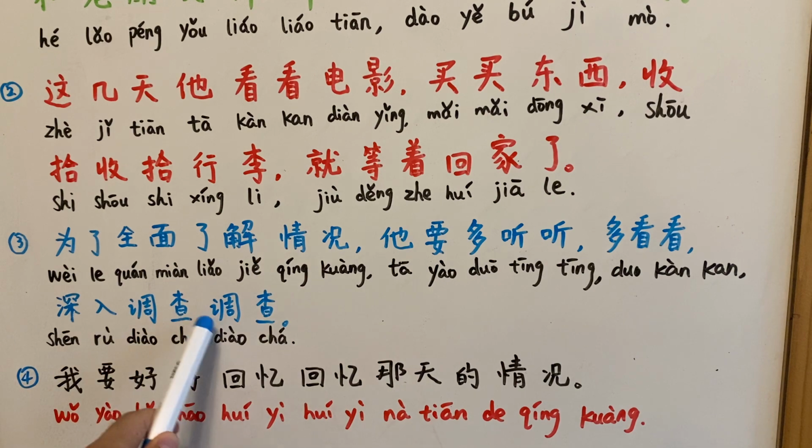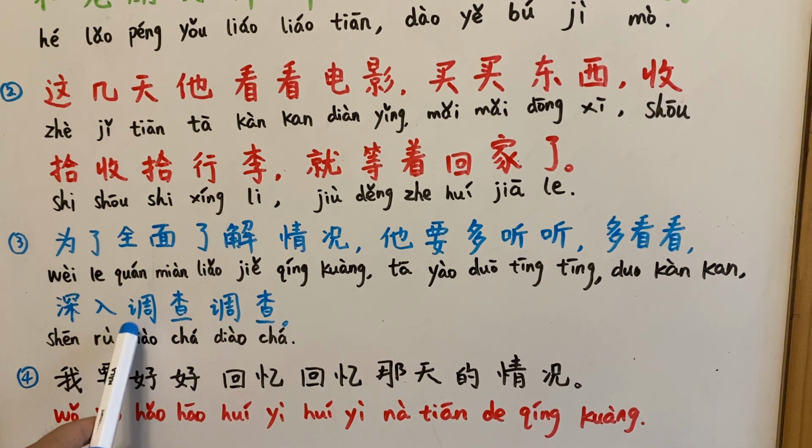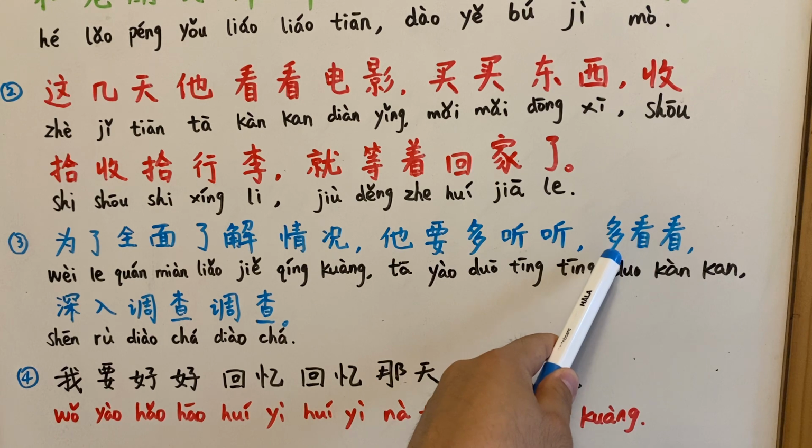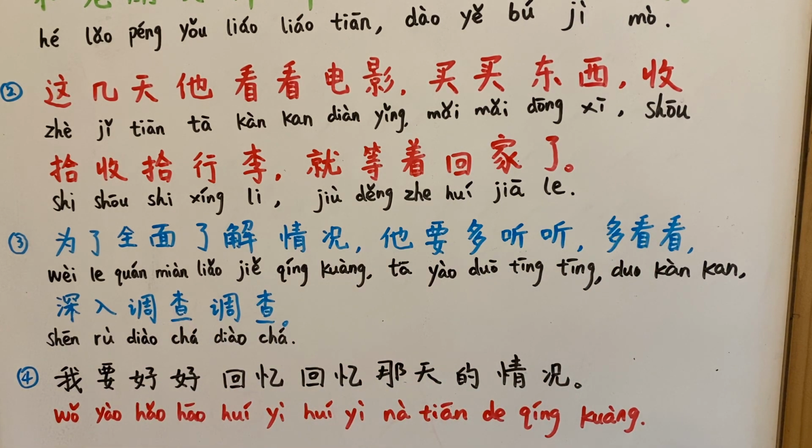深入调查调查. You can also say 多调查调查, the same character 多. 多调查调查 means investigate more. It's the same, right? And 深入调查调查, it's the same 深入, to further investigate. And the fourth one, 我要好好回忆回忆, A-B, right? 回忆, to remember, to memorize 那天的情况, right?